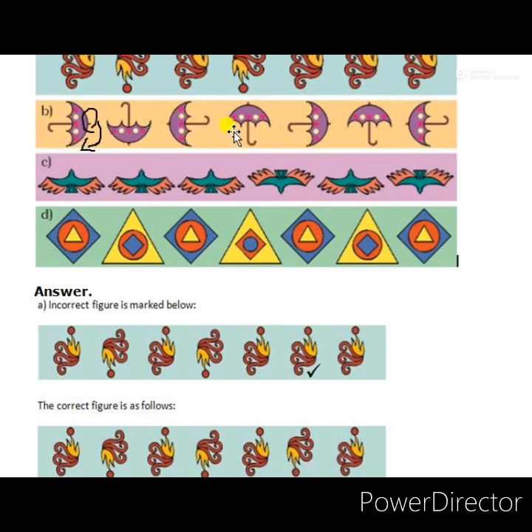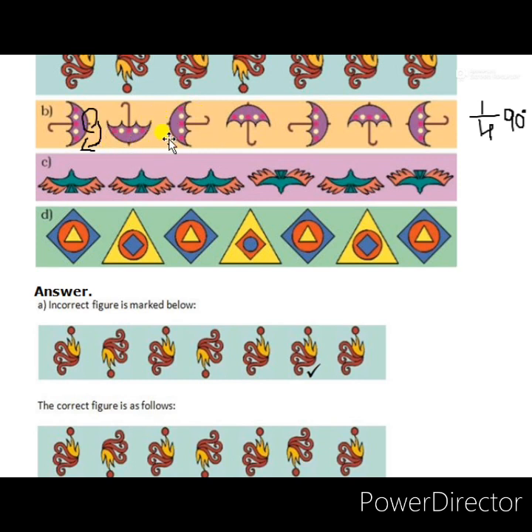How many positions did it take? Four positions. That means the umbrella is following 1/4 turns. 1/4 turn means 90-degree turn. The first position shows the umbrella on the right side, and after 90 degrees it came to the downward position. Again 90 degrees means 180, it reached the left side.